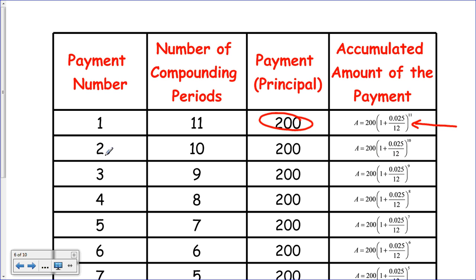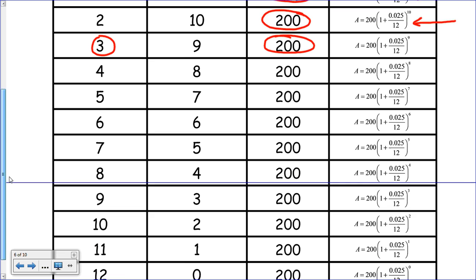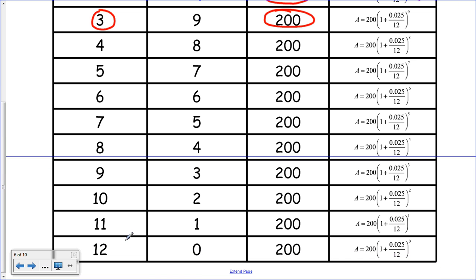Then payment number 2, that's at the end of the second month. So this deposit of $200 will only be in the account for 10 months. So I can calculate how much money that $200 will make after 10 months. And then the third payment of $200 is only in there for 9 months, etc. If you just keep making monthly payments all the way down, eventually we get down here.